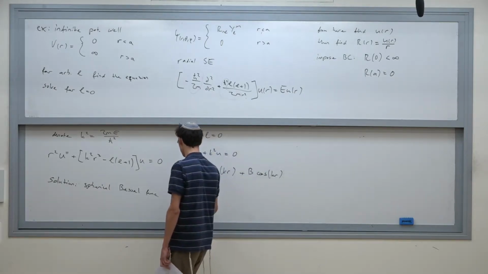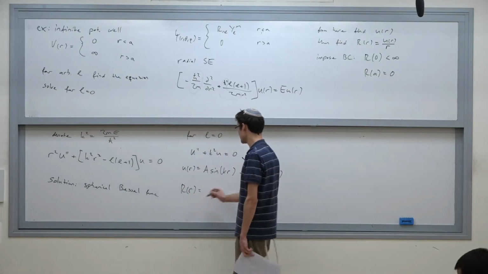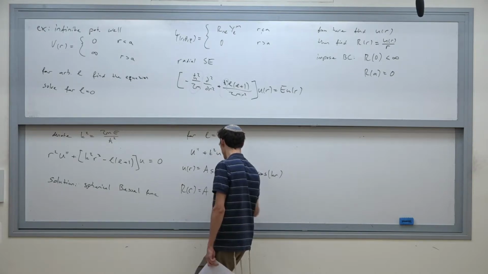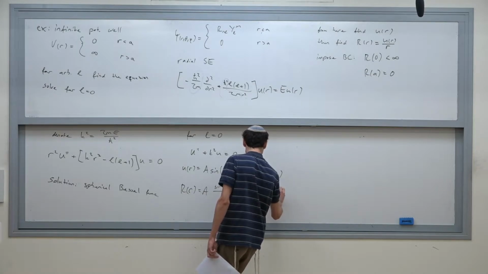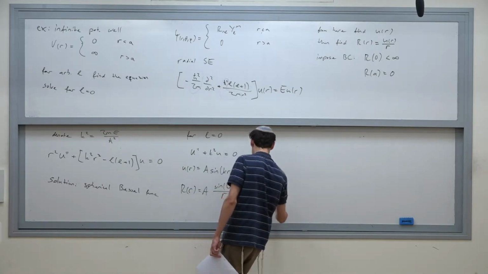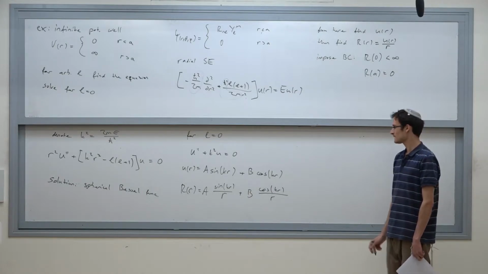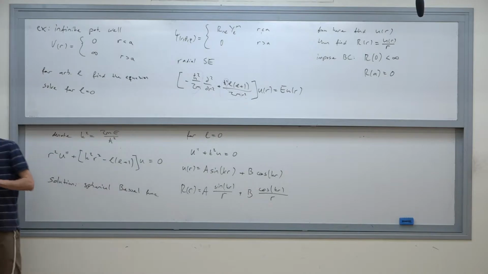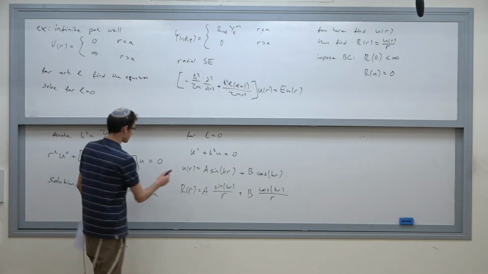which means that the physical function, capital R, is a times sine kr over r plus b cosine kr over r. Okay, this is a very important step. Do not make the mistake of imposing boundary conditions on u.